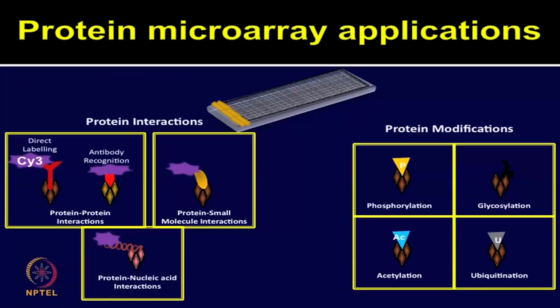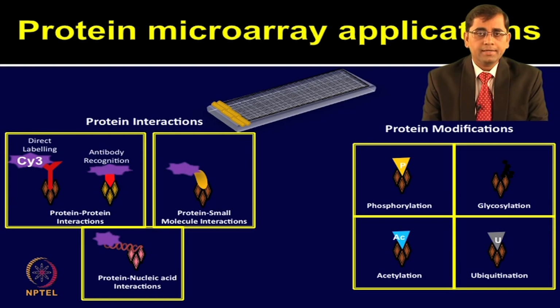Protein microarrays have been widely used for biomarker identification and protein-protein interactions, as well as different types of protein modifications. As you can see in the slide, the protein interaction network, transcription regulation, DNA damage repair, antiviral response, drug target identification are various types of applications which researchers have tried using protein chips.